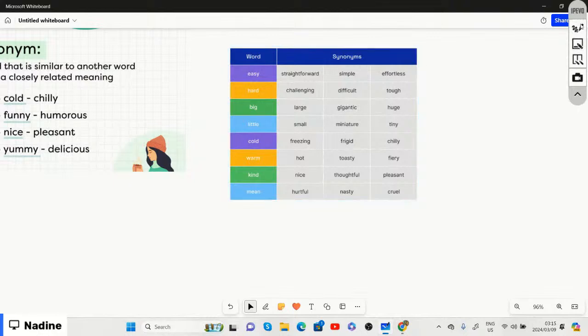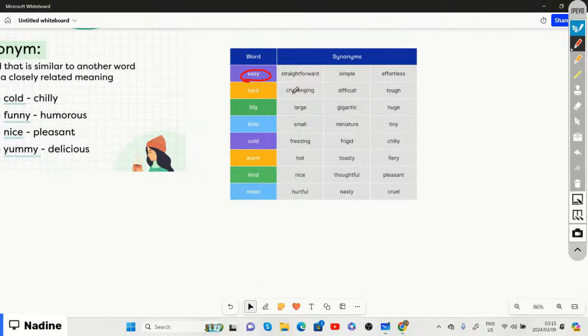So here we have easy. So the word that's the same as easy, we can either say it is straightforward or it is simple. Simple sounds like a better word, right? Or it's you doing it effortlessly.